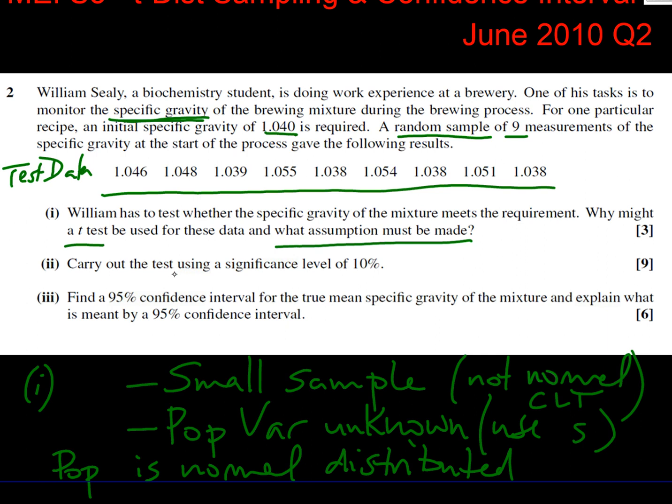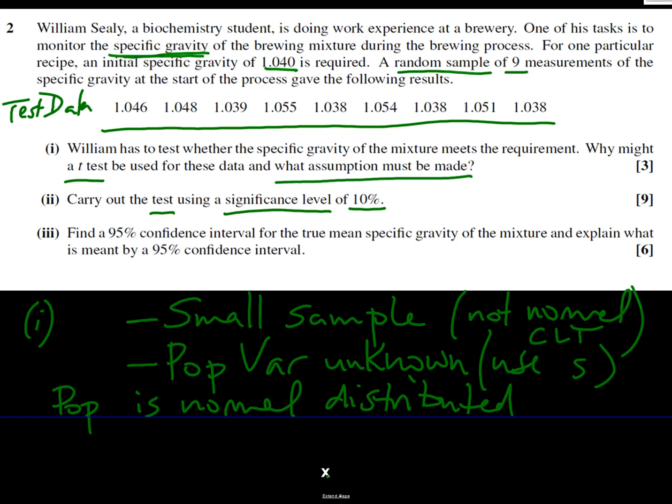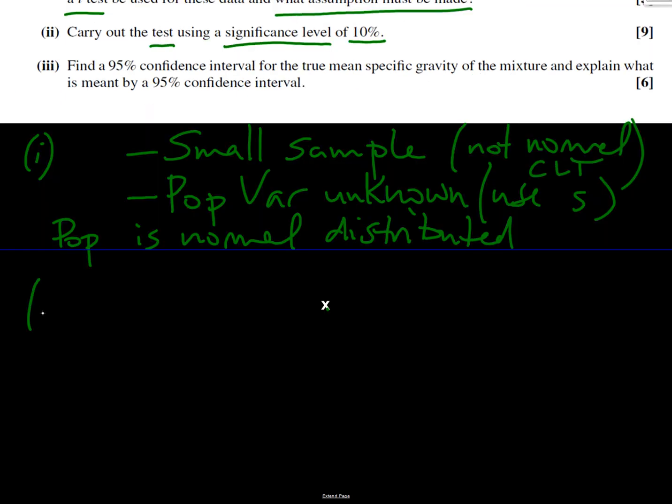Part 2, carry out the test using a significance level. So that's a hypothesis test using a significance level of 10%. Okay, so what's the first thing we have to do then? Our hypothesis test, H0. What are we going to say then?